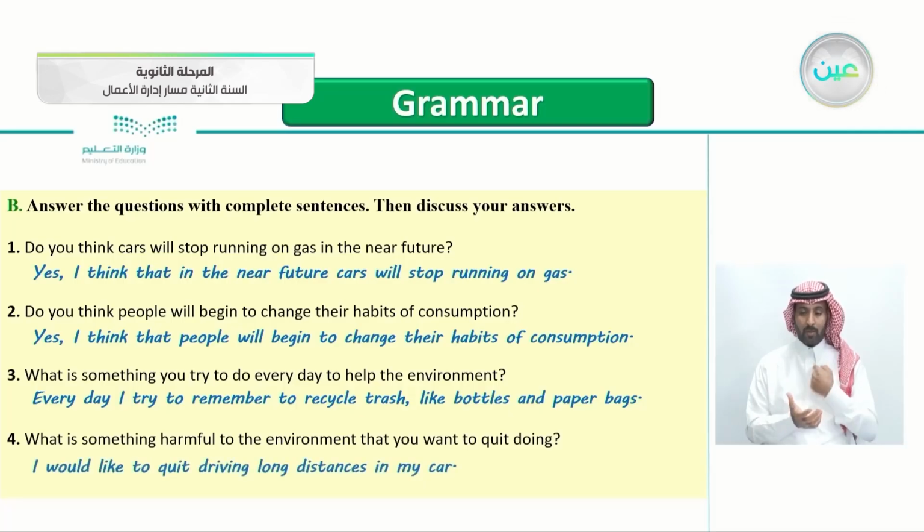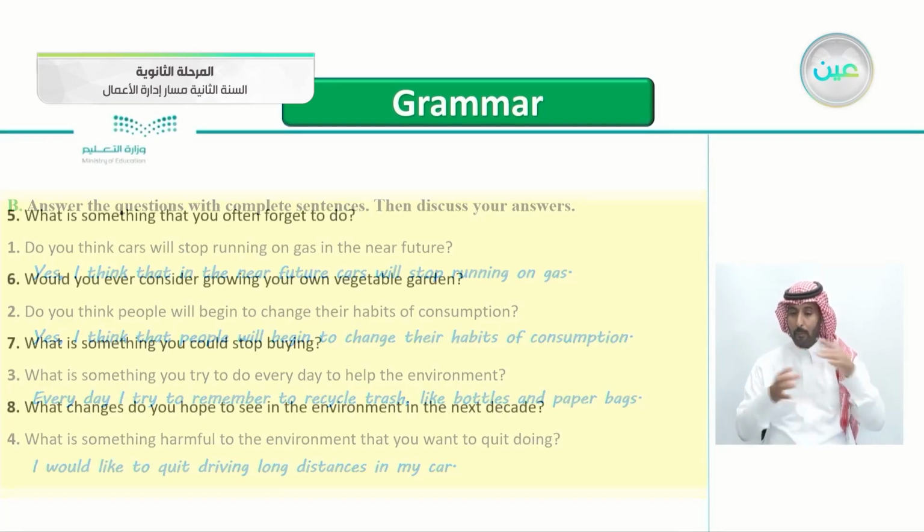For me here, I wrote, I would like to quit driving. Quit driving. Here I used the gerund with the verb quit. I would like to quit driving long distances in my car, of course, in order to save the environment.